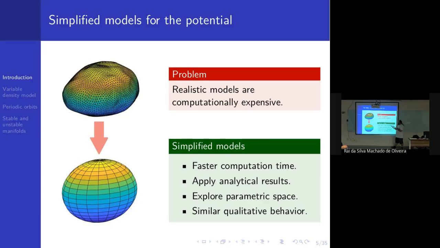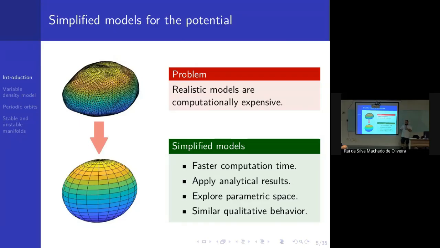Okay, we can simplify the shape of the asteroid. For example, here we have Psyche, and we can assume that Psyche is an ellipsoid, right? Which has a simpler gravitational potential, and of course is going to be faster in terms of computational time.